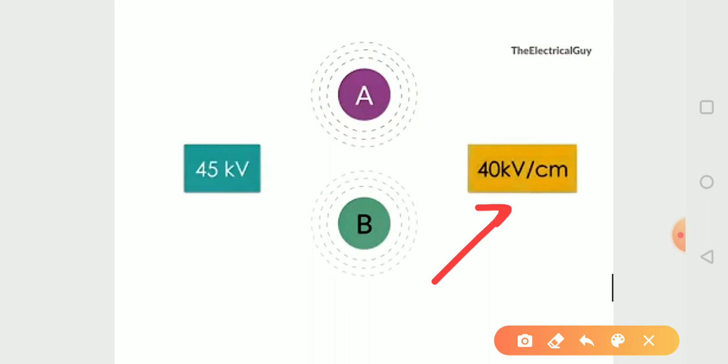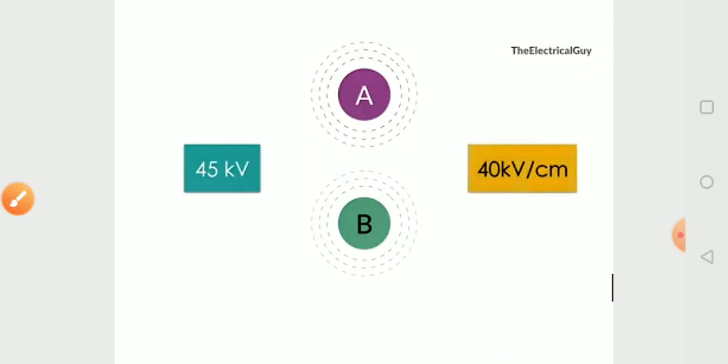So the air will lose its insulation property and a complete electric breakdown occurs in the air. We can say an arc will be there. Here we have an arc between the two conductors. So the air loses its property, complete breakdown occurs, and an arc forms between the two electrodes, that is, the two conductors.